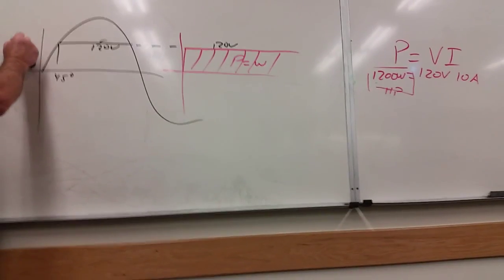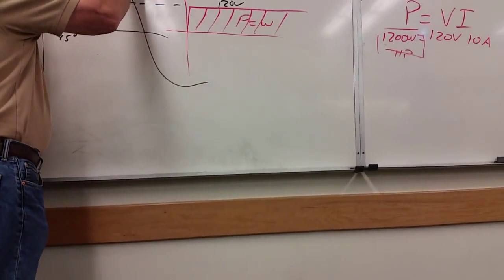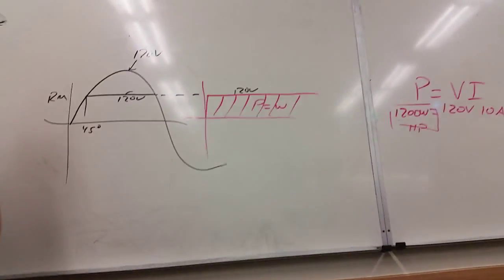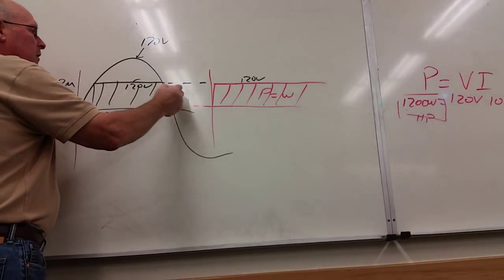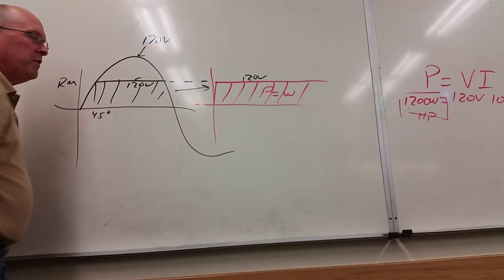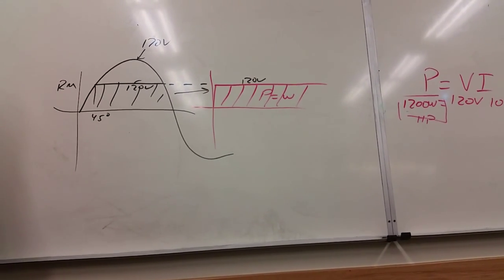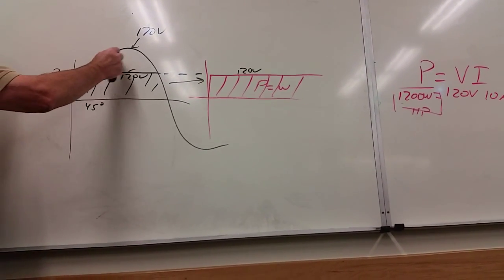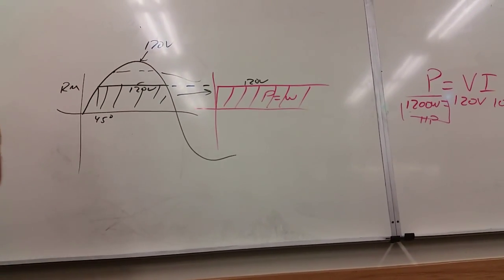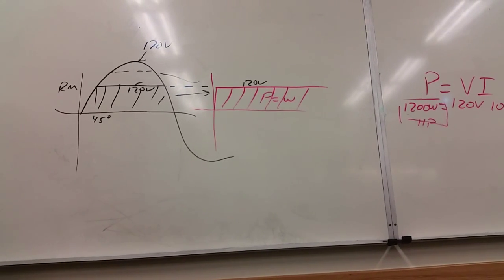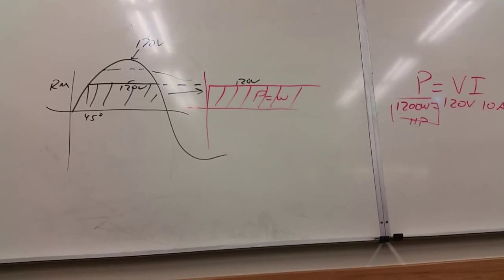So I have to get my RMS value, but I have to put this much into it, which is almost 170 volts, to get 120 out of it. And so this area under the graph is going to equal this, but it's not directly straight across as I've drawn it. It's a little higher up here for me to get the same effective value as 120 volts DC. Okay, it's because it's oscillating so fast. Because it's oscillating so fast, yes.